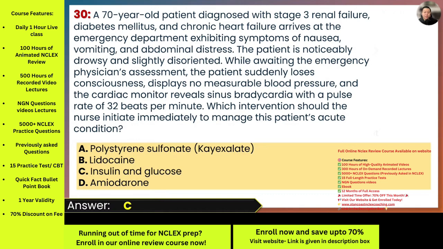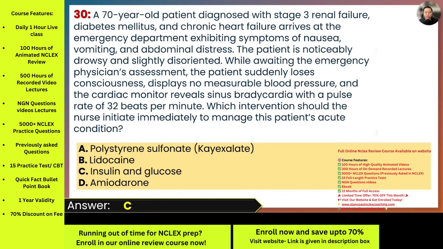And so to immediately manage this condition, you are going to administer insulin and glucose. We know that insulin can facilitate the movement of potassium from the bloodstream into the cells, which will temporarily help reduce the potassium levels in the circulation to stabilize the heart.